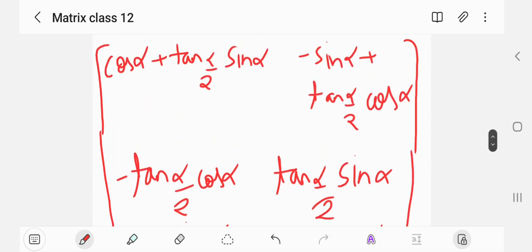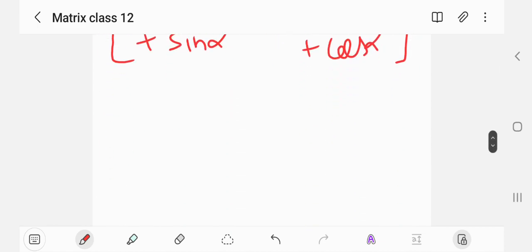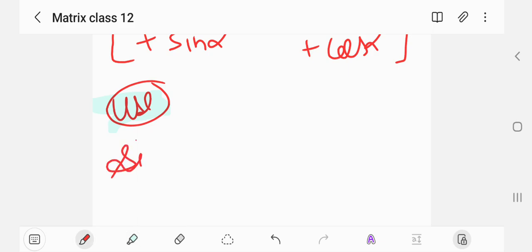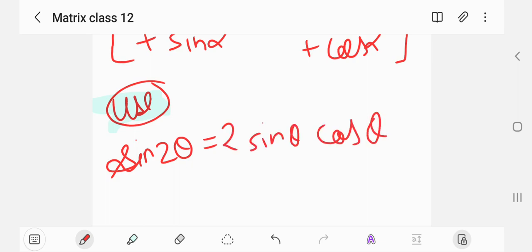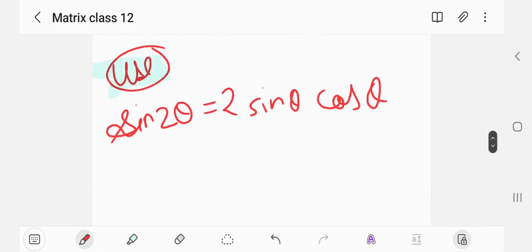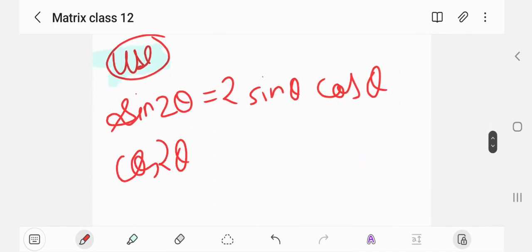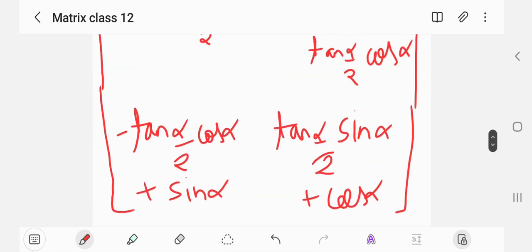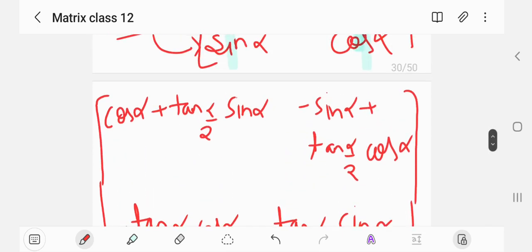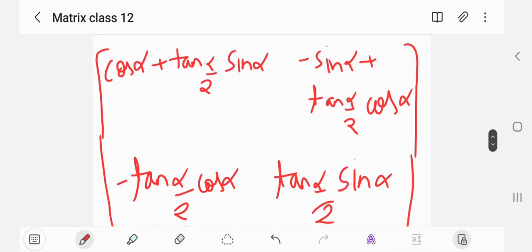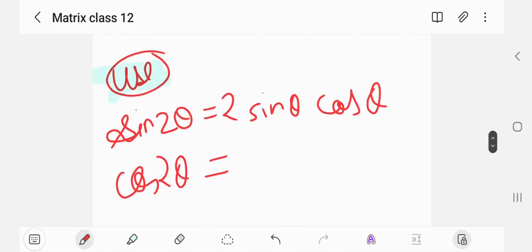Now I have to simplify it. How will I simplify it? I will use some formulas. You might remember this formula, that sin 2 theta is 2 sin theta cos theta, right? And also cos 2 theta is equal to, can we use some formula for cos? Let's see, here I have tan. I have cos here, so let's find out later whether we have to use it or not.